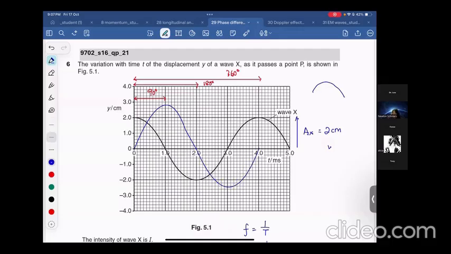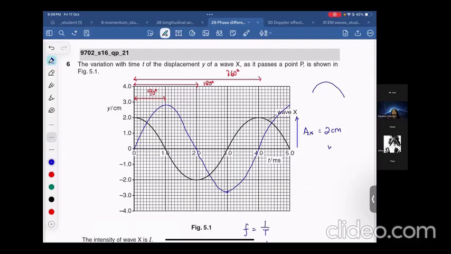Guys, did you get what I want? My iPad is so hard to draw, but did you get the idea of how I'm going to draw it? 2.8. Something like this. Then continue to another 2.8.